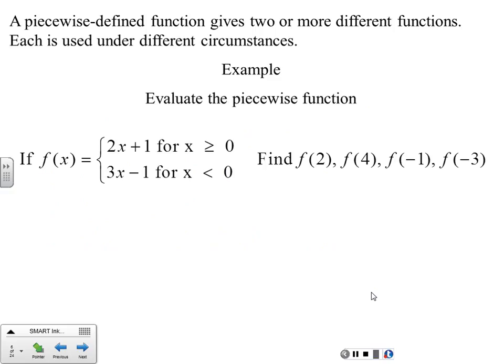So let's talk about a piecewise function. How many of you have ever seen a piecewise function? Yay, that's good. All right, a piecewise function means this. You have two different functions, two different graphs on the exact same coordinate plane.